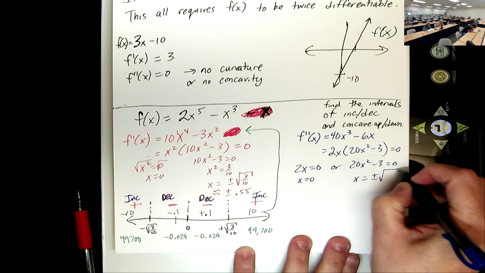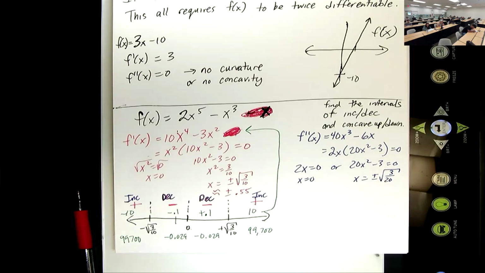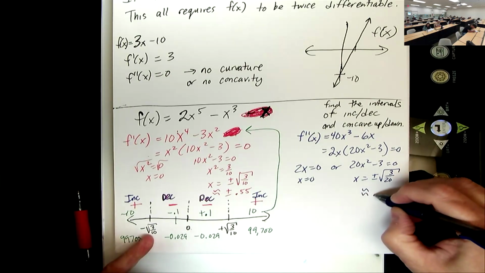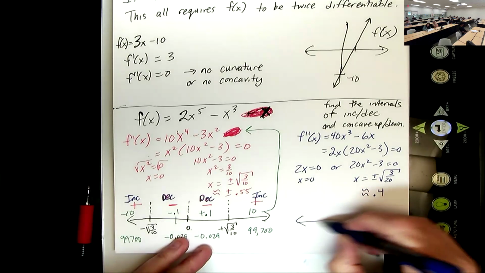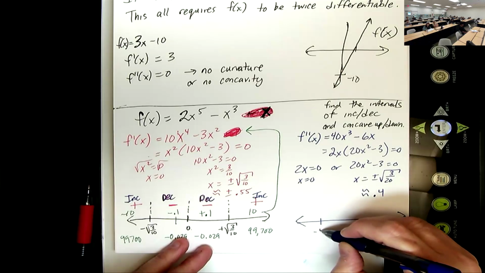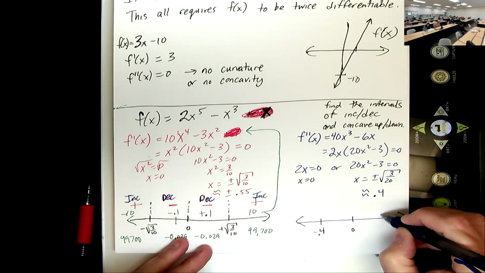So plus or minus the square root of 3 over 20. God knows what that is. About 0.4. Negative 0.4 and 0.4.